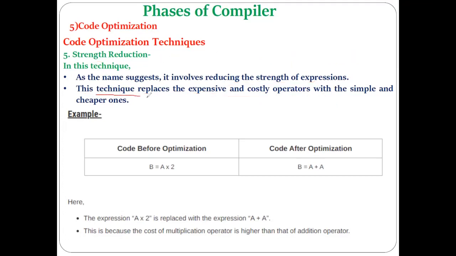This is the technique which replaces the expensive and costly operator with a simple and cheaper one. Means replacing the star operator with the plus operator, and replacing the division operator with the subtraction operator. Let's see an example.